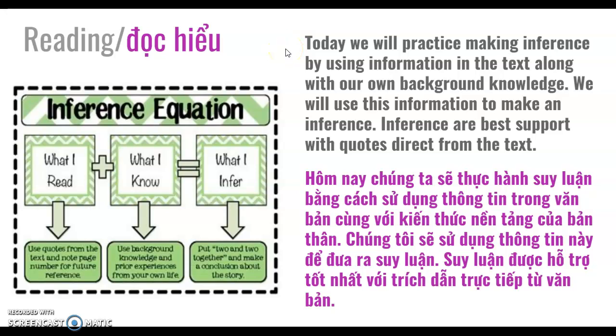Today, we will practice making inferences by using information in the text along with our own background knowledge, just meaning what we already know. We will use this information to make an inference. And once we've made this inference, we will use quotes directly from the text, from the story, that will help us support what we think or the inference we've made.